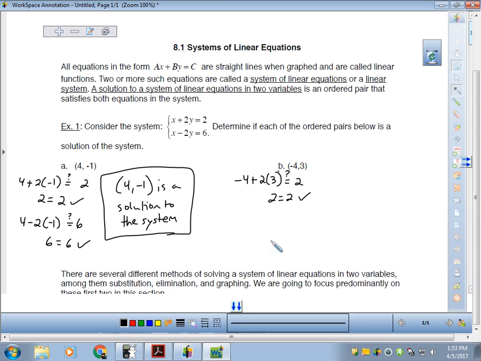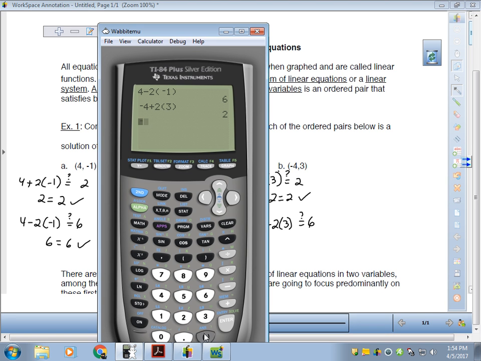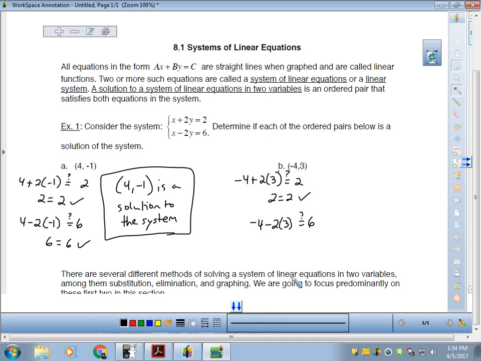Let's try the bottom equation. Negative 4 minus 2 times 3, does that equal 6? So negative 4 minus 2 times 3, we get negative 10. Does negative 10 equal 6? No, those are not equal. So that one did not work.